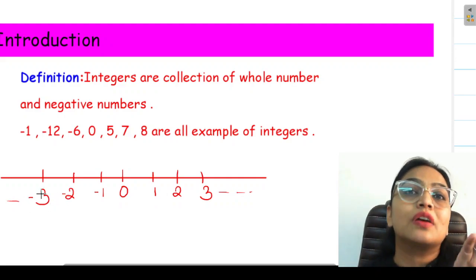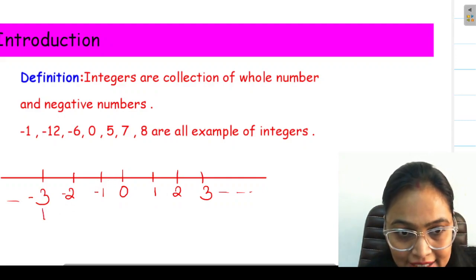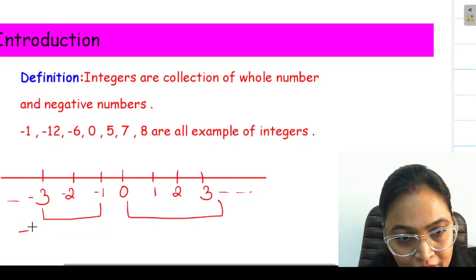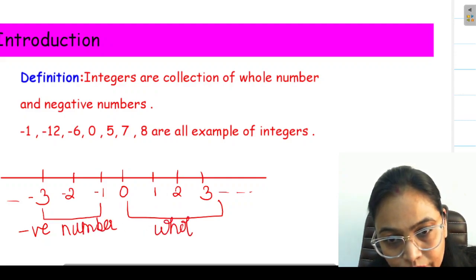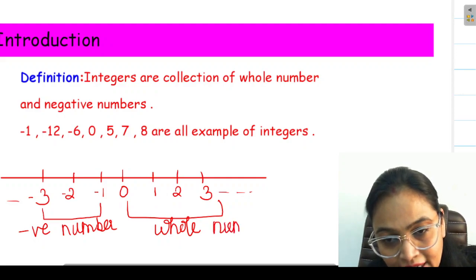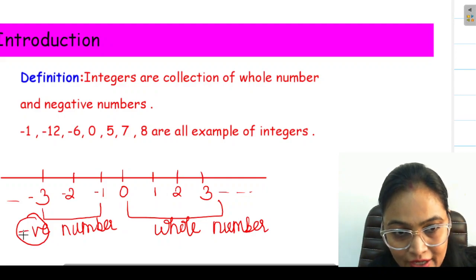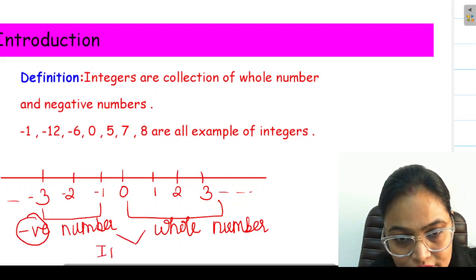So these numbers become the negative numbers. Now this whole set of numbers, that is the negative numbers plus the whole numbers, right? These are the negative numbers and these are the whole numbers. They are called integers. This sign is the negative. I'm just writing the short form. This whole is called the integers.